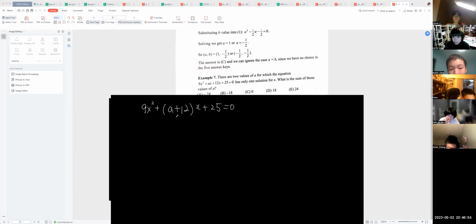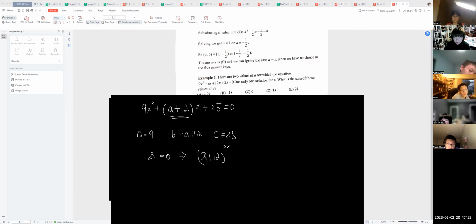So I put the a plus 12 together because this is the coefficient of x. So a equals 9, b equals a plus 12, and c equals 25, correct? Because this one has only one solution for x, the delta equals zero. Delta is b squared minus 4ac, so a plus 12 squared minus 4 times 25 times 9 equals 0.